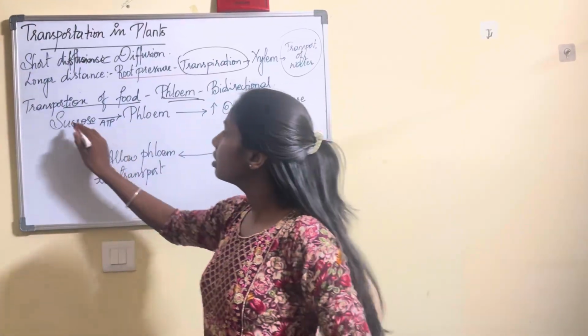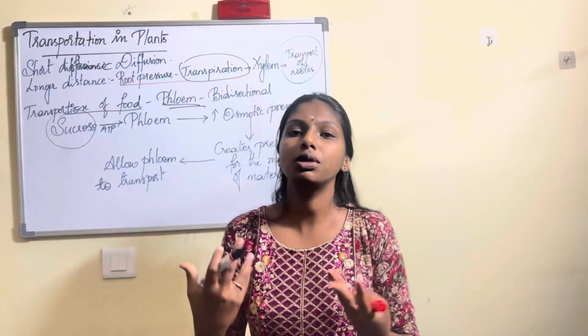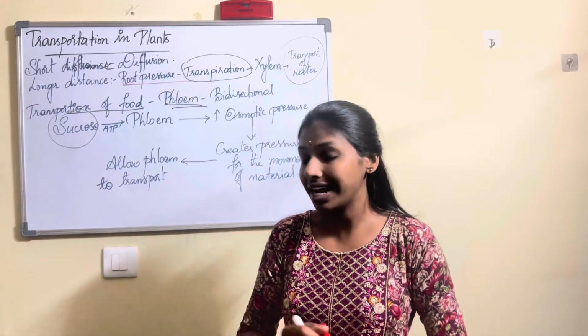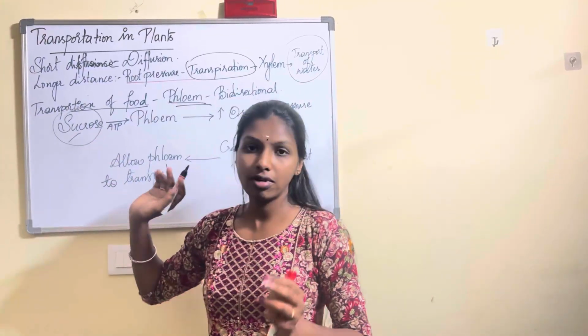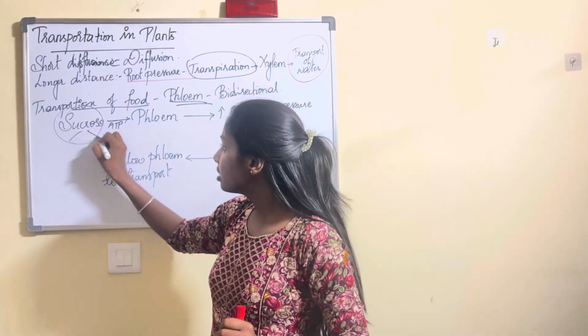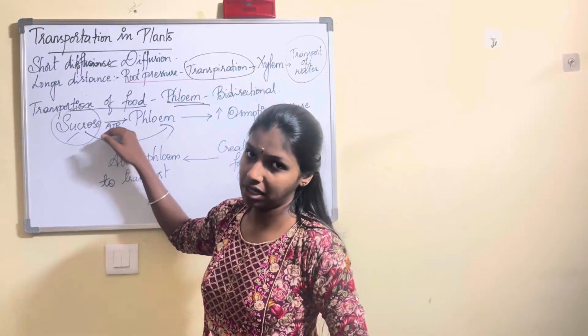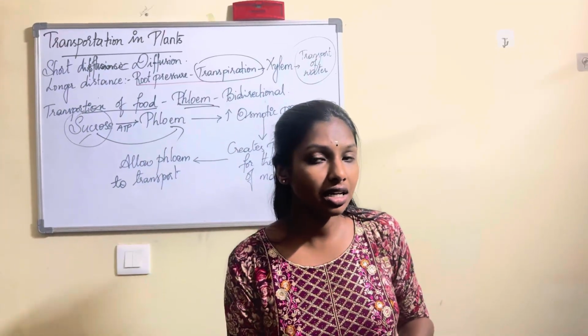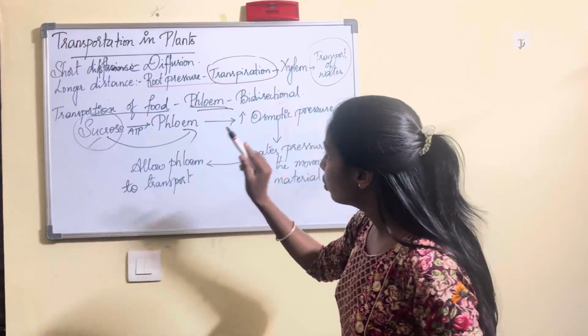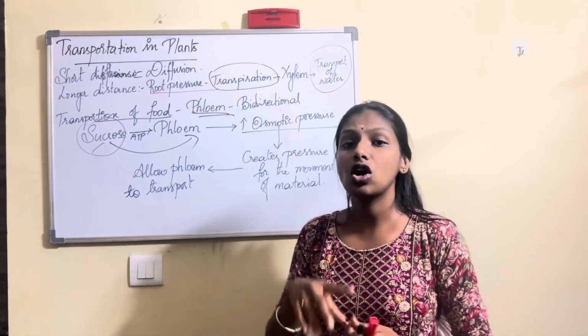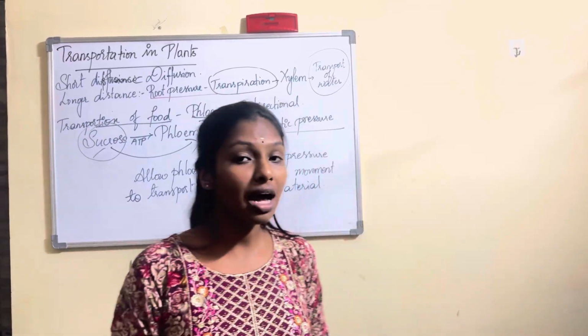Now how does it occur? Whatever product is formed by photosynthesis will be stored in the form of sucrose. The sucrose will be transported into the phloem through ATP. ATP is nothing but the energy provider, due to which it increases the osmotic pressure in the plant body.